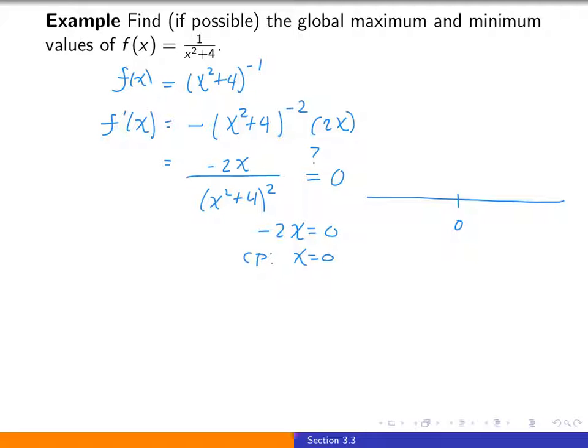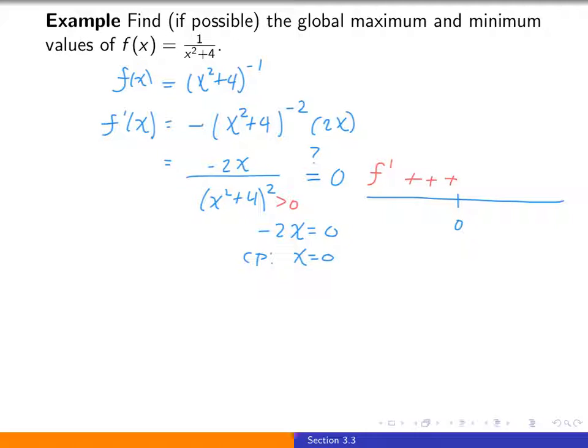Investigating this via a number line, what is the sign of f prime going to be to the left of 0, to the right of 0? The nice thing to observe is that what's in the bottom is always positive. It's a square. So it's what's in the numerator which is completely determining the sign of f prime. If I plug in a negative value of x, you have a negative times a negative, which gives you a positive.